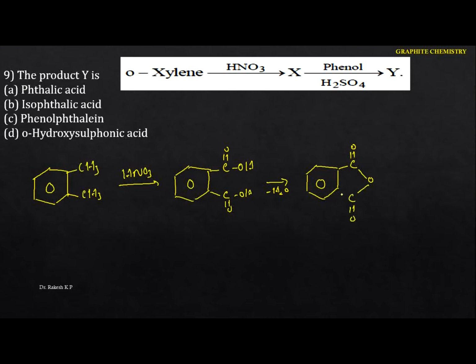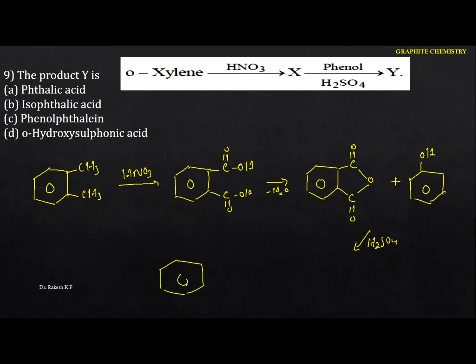So this phthalic anhydride is treated with phenol. Let me take this one here. Whenever it reacts with the phenol, so I'm going to indicate here, this is the phenol, in the presence of concentrated sulfuric acid, here we are going to get this particular structure. Let me write the structure here.